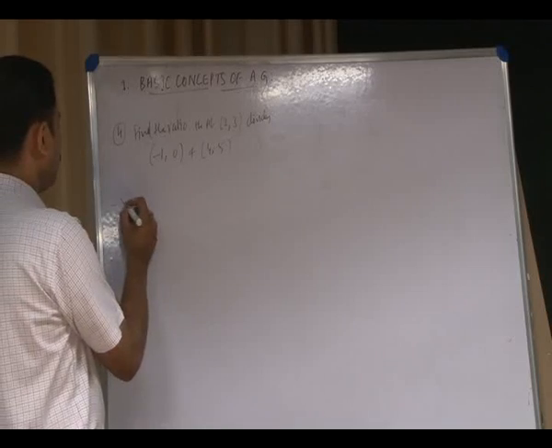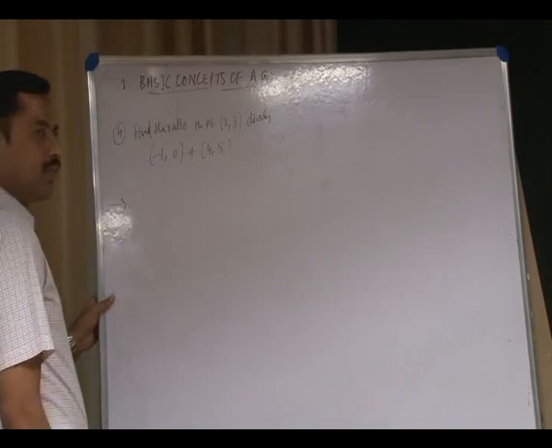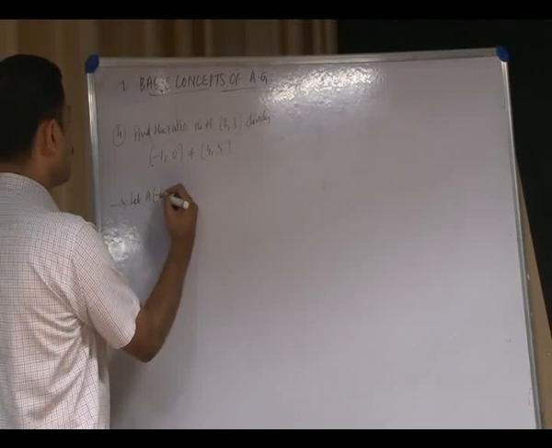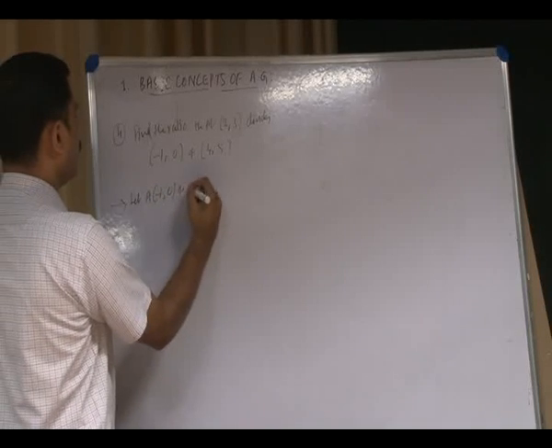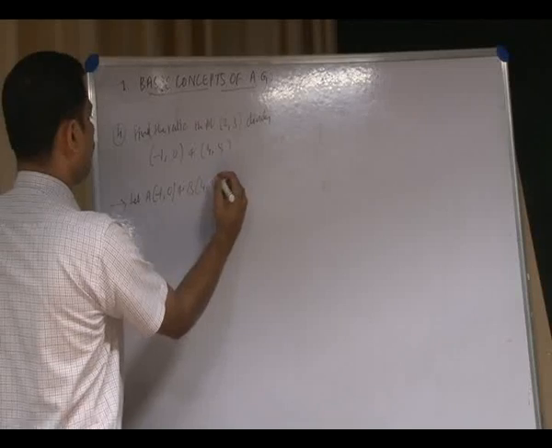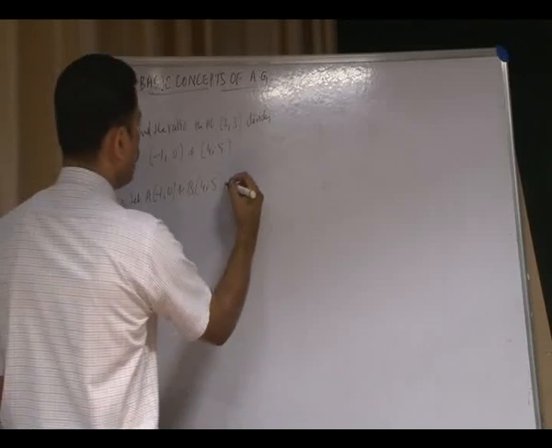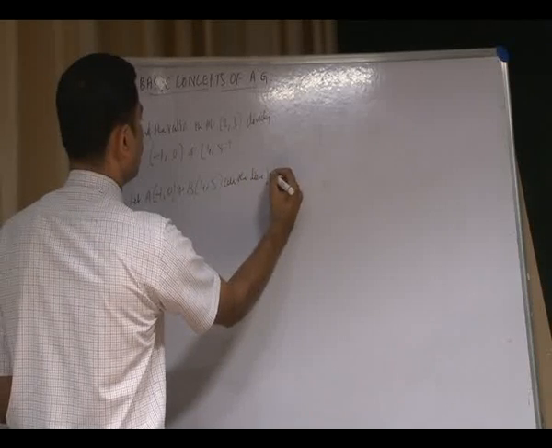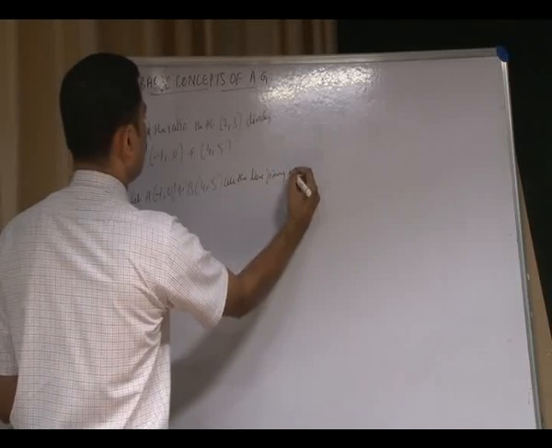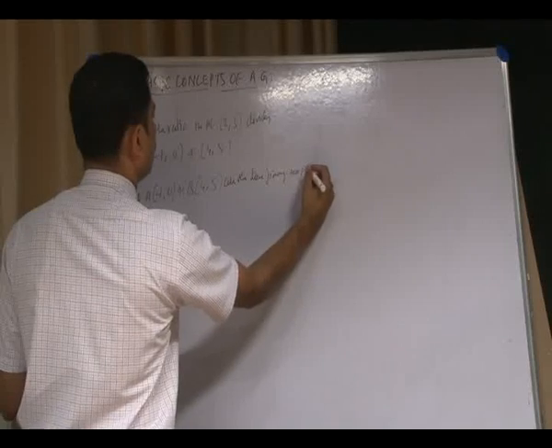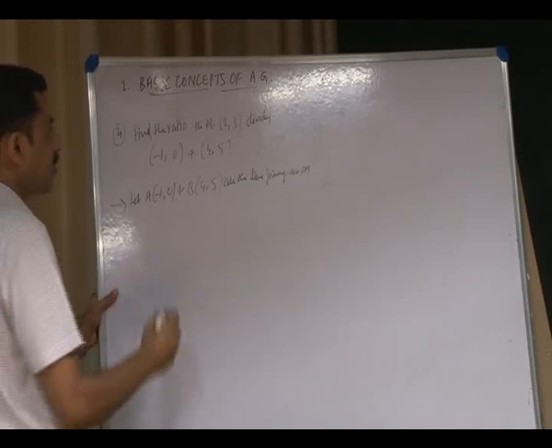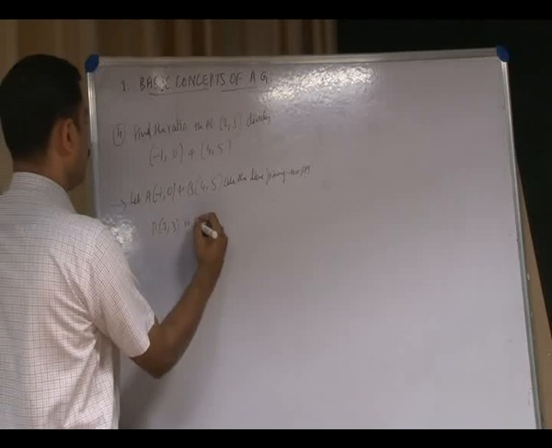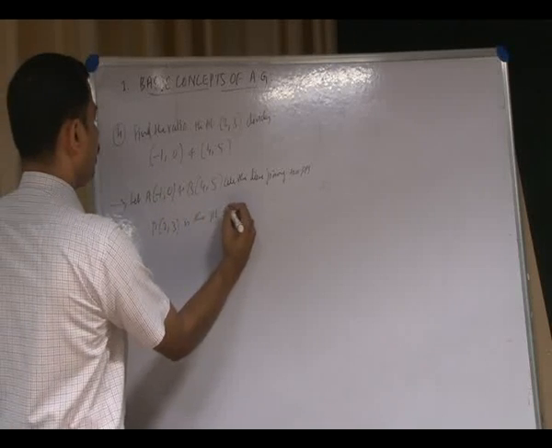So, here to solve this problem also we are going to use the same section formula only. Let A minus 1, 0 and B 4, 5 be the 2 points of the line joining, and P 2, 3 is the point of division.